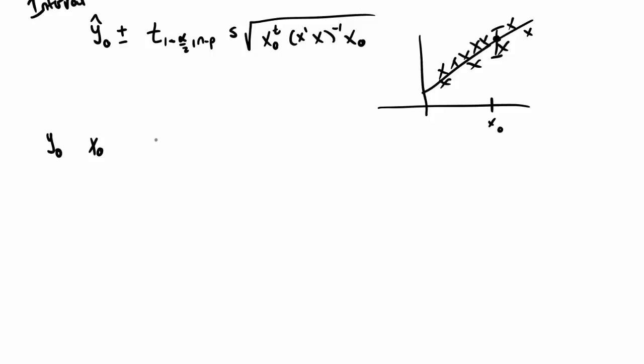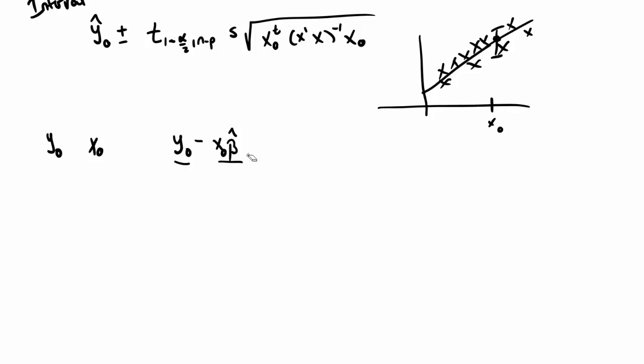Well, think about the quantity y naught minus x naught transpose beta hat. That's the difference between our actual y naught at that particular value of x naught, the new realized value of y, and what we would predict at this value of x naught, where again our beta hat hasn't used this y naught in its calculation.